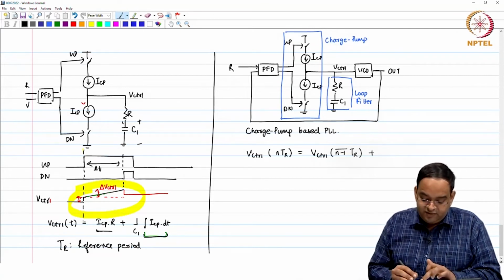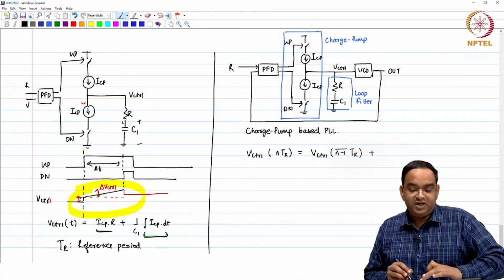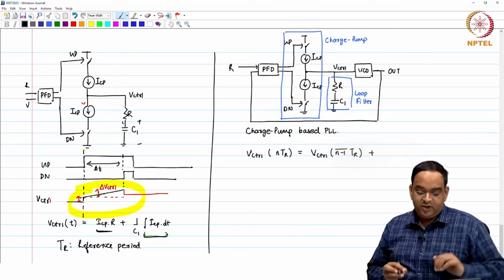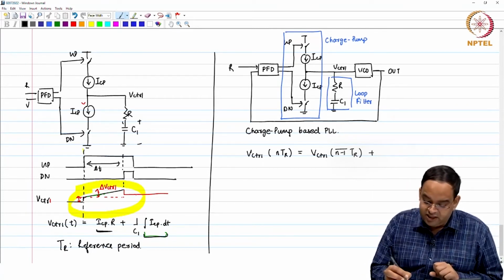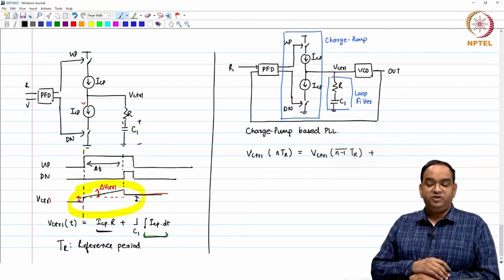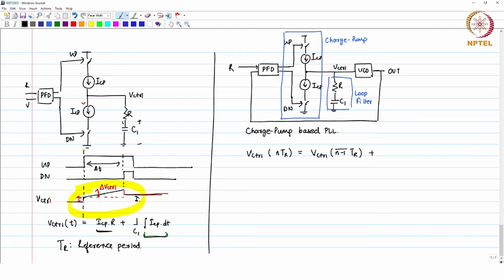Okay. You are seeing I_CP during the transition, but at the end, this voltage change is only due to the capacitor. So, the control voltage V control at n T_R is V control at (n minus 1) T_R plus I_CP integrated for time delta t over the capacitor C1.